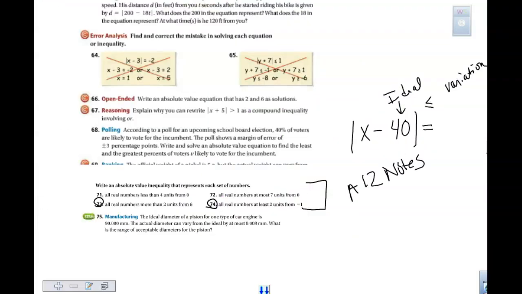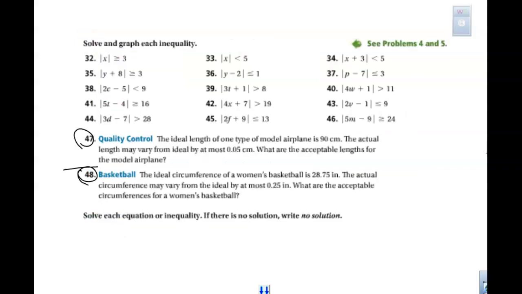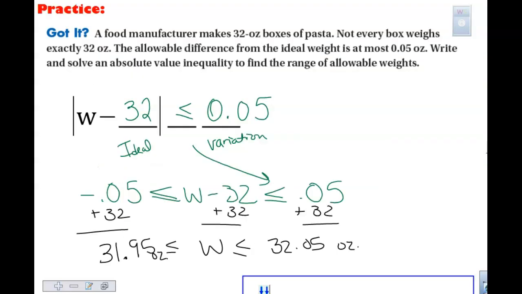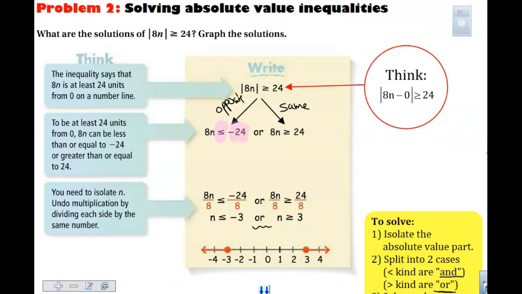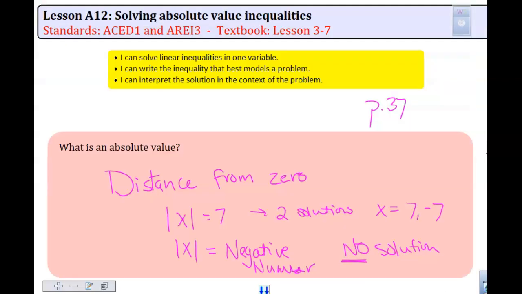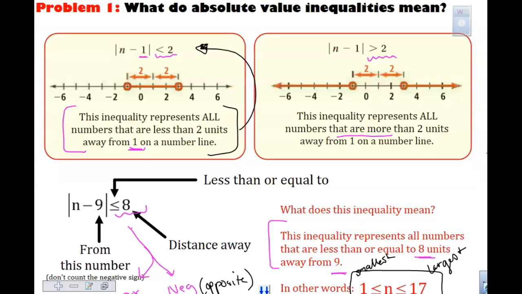They're telling you write an absolute value inequality that represents this set of numbers. And here is what they are talking about from your notes. Right here. That when we read this, nope, not this one, sorry. This.